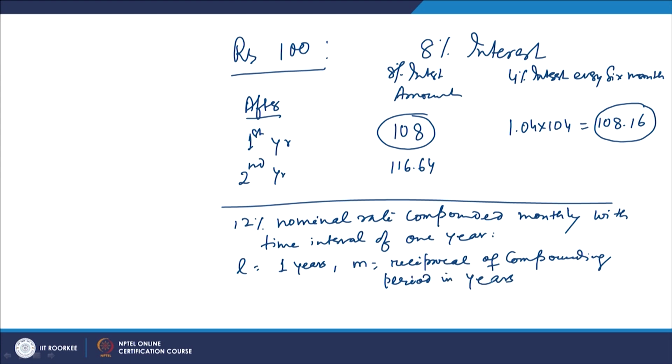The compounding period here is 1 month. 1 month is nothing but 1 by 12 years, so the reciprocal will be 12. So, your L becomes 1 and m becomes 12.